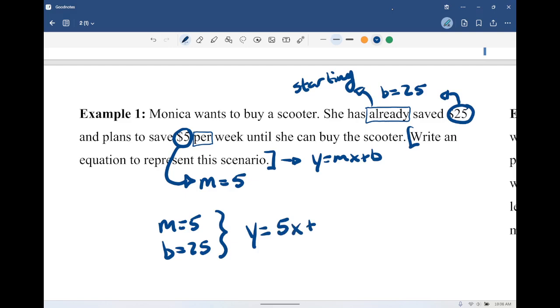Plus, say it again. B, hang on, what's our B value? 25. There it is. And so this is really about noticing those vocab words or those keywords or key terms that are surrounding our numbers to build this equation.